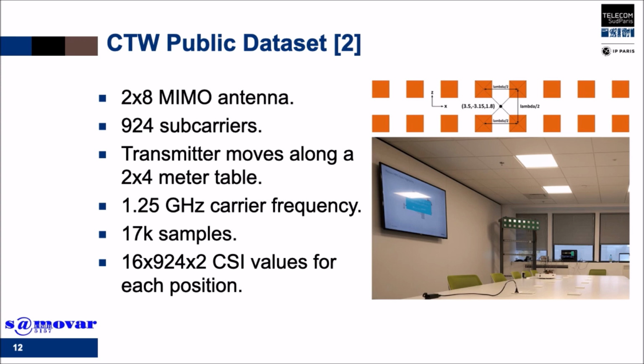The main carrier frequency is 1.25 gigahertz, and we are provided as contestants with 17,000 samples, where the channel state information is matched to the position of the transmitter using a tachymeter of around 1 centimeter error.